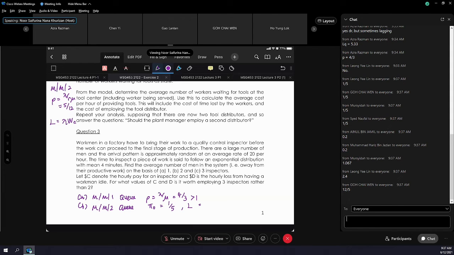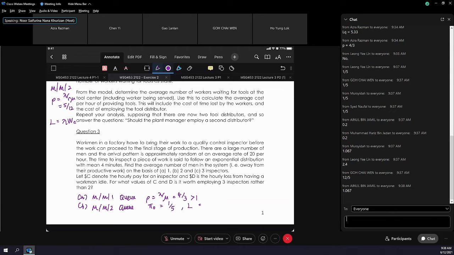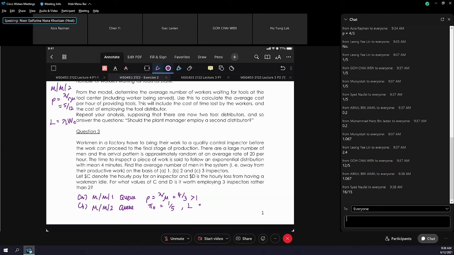Murshida said 1.067, Yilin 2.4, Chai Wen 12 over 5, which is equal to 2.4, right? Nofal got 16 over 15.